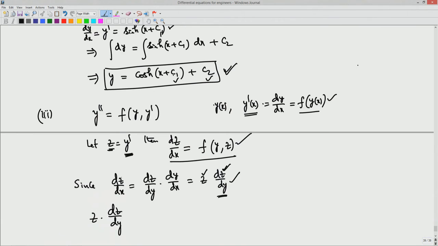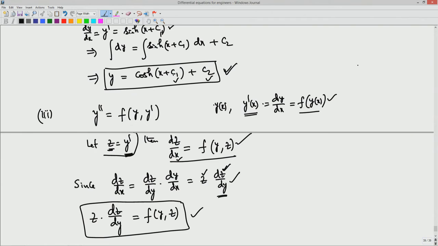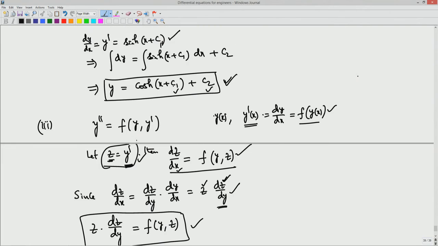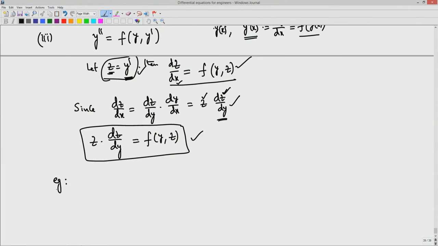You assume that it exists, then I can write dz by dx equal to f of y, z. Now, I could remove the x variable in the domain. So, I have z dz by dy equal to f of y, z. So, this is a first order ODE for the dependent variable z with independent variable y. If I can solve this, I can get my z, then you go back and from this you can solve for y.